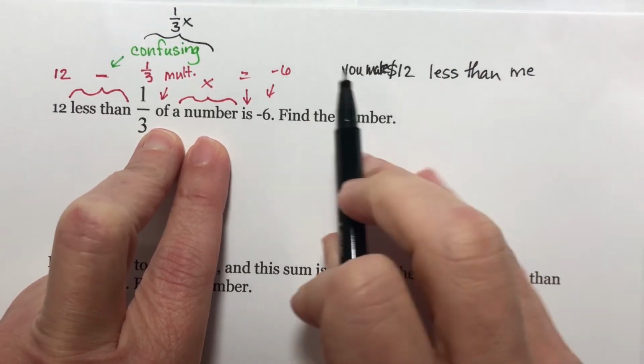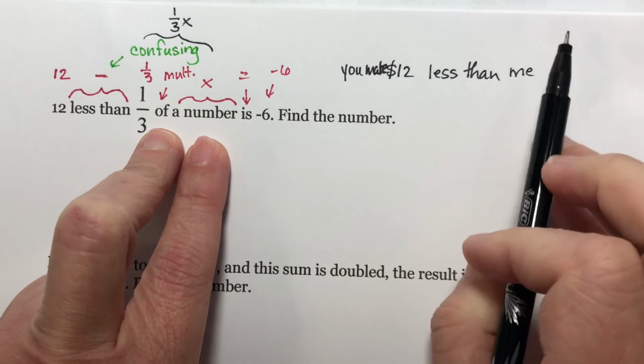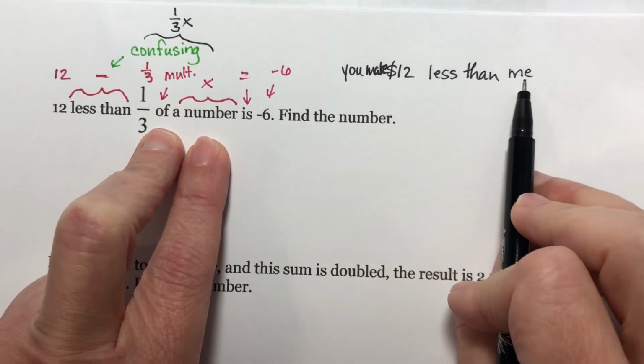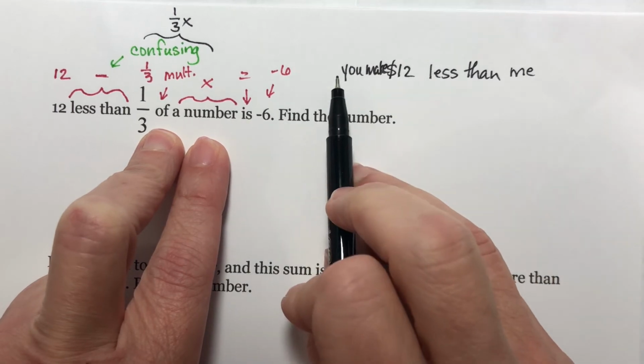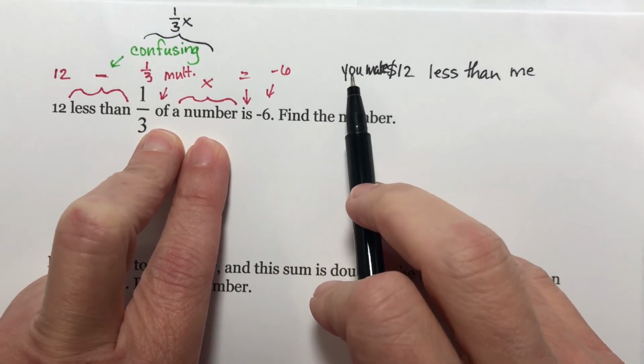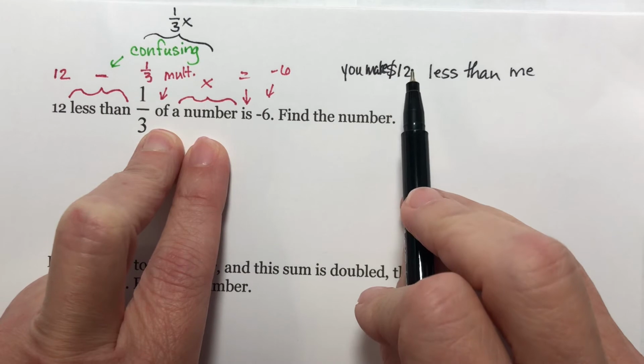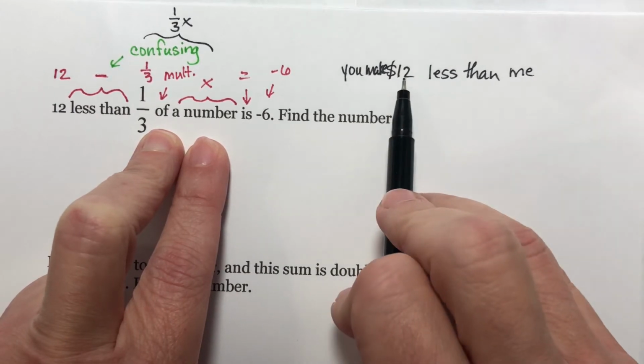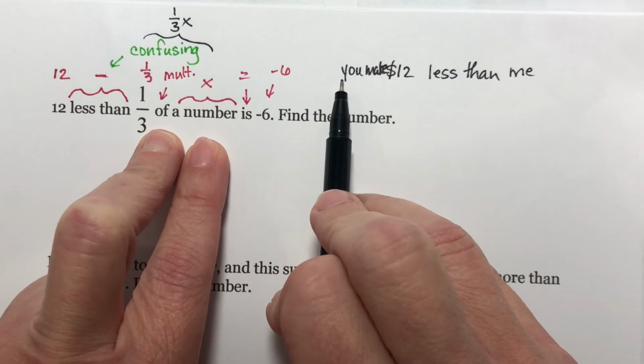Now, if I wanted to figure out what this meant, do I take your $12 and subtract what I make to find out what you make? Or do I take 12 minus what I make, or do I take what I make and subtract $12 to find what you make? Okay.